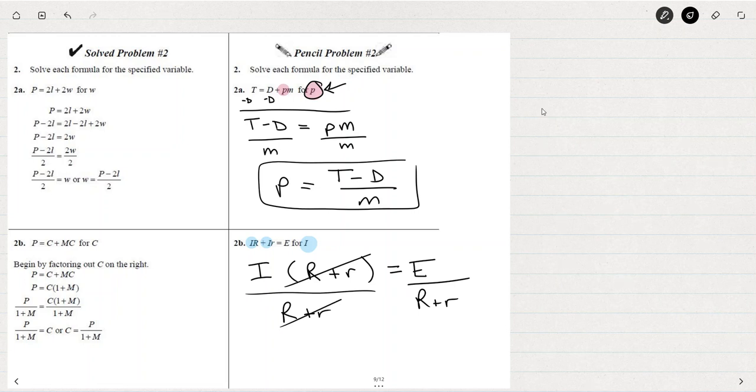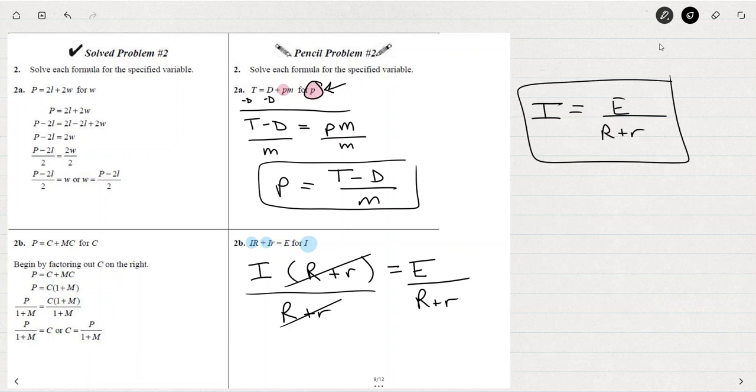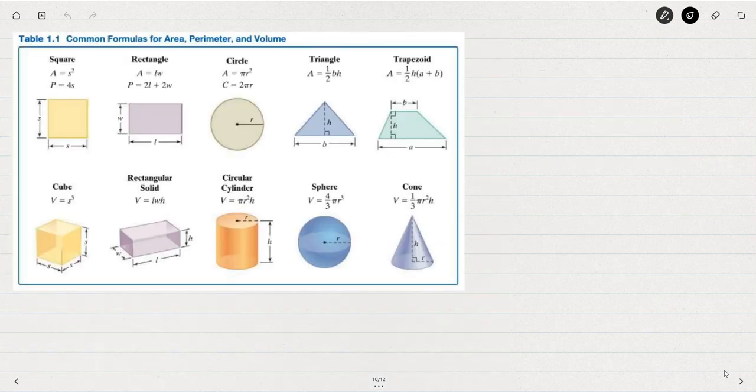So we would end up with I is equal to E divided by R plus little r. And that's how you solve a formula for a given variable.